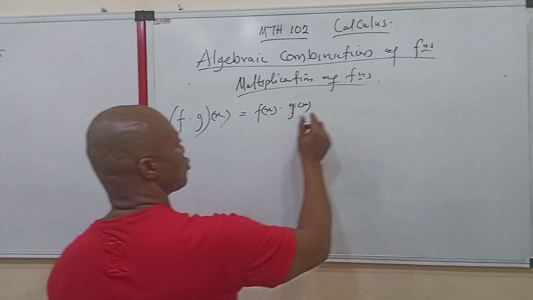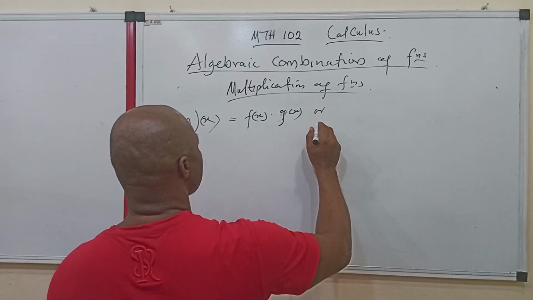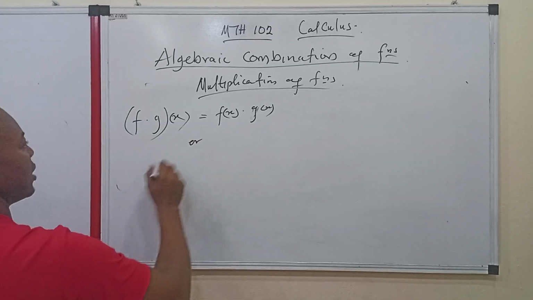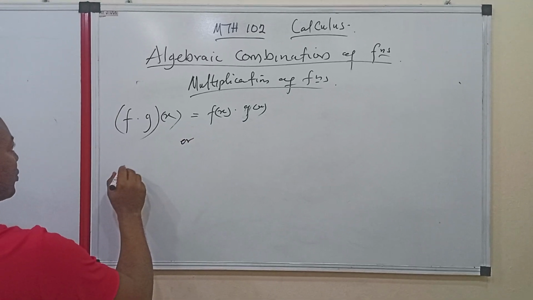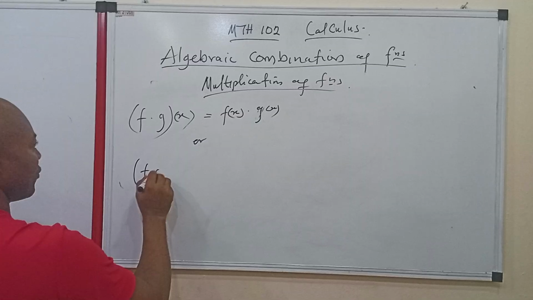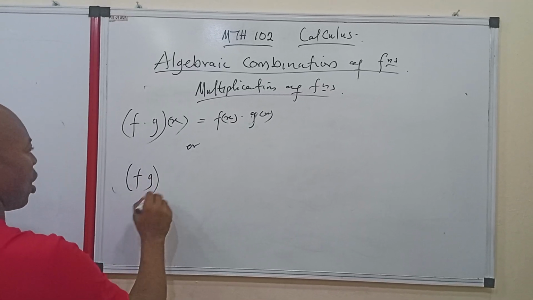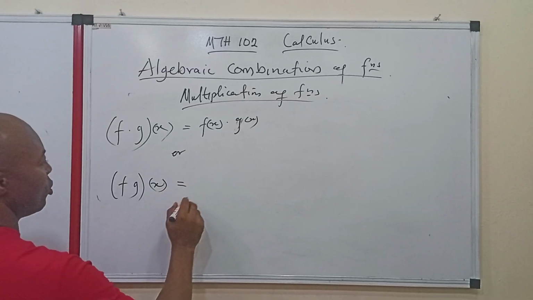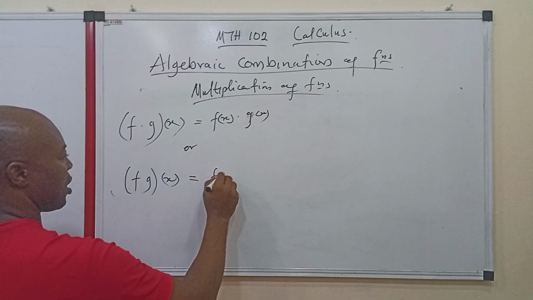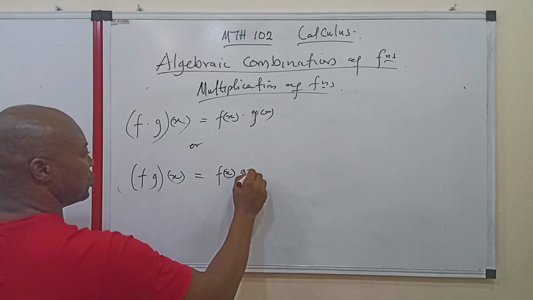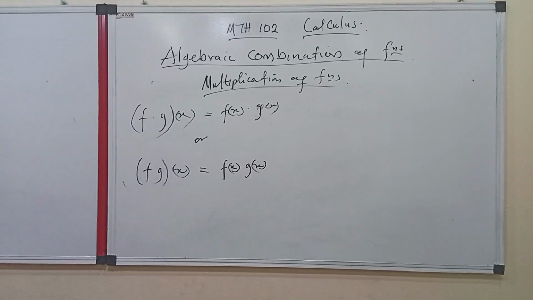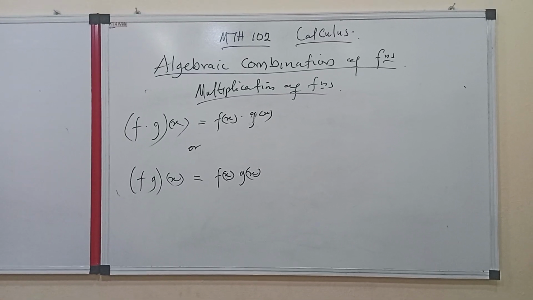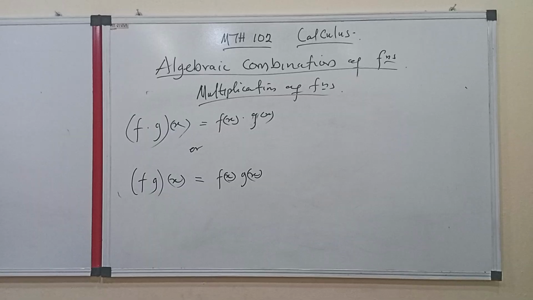If you don't want to write it this way, then we can also write it as fg all of x. They are all the same, equal to f of x g of x. Okay? So this is also very simple and straightforward.